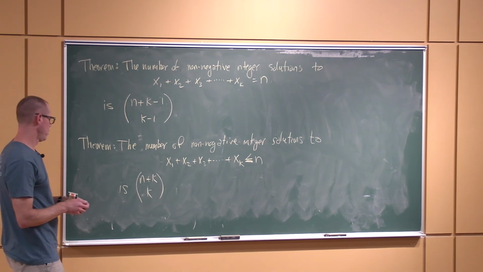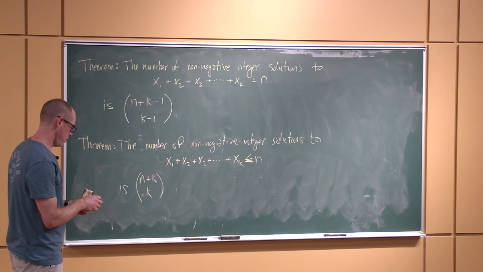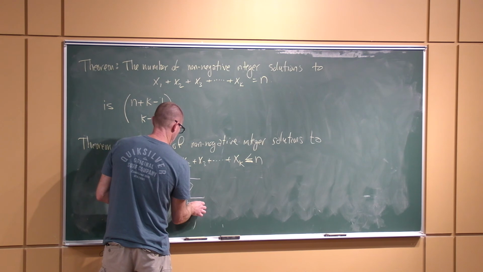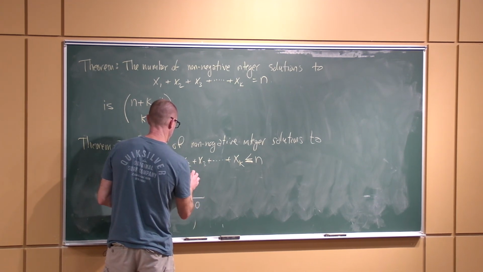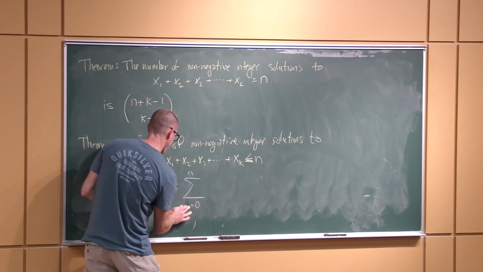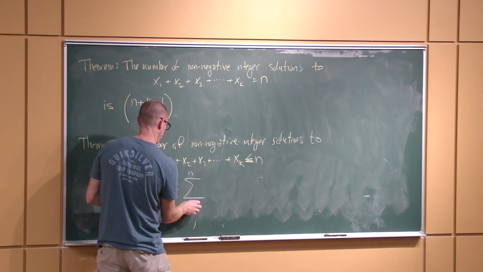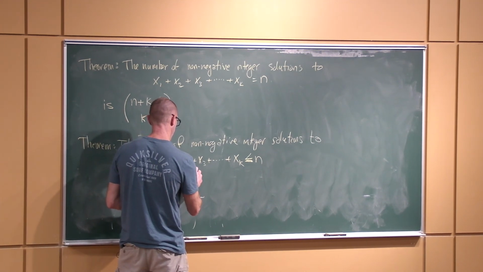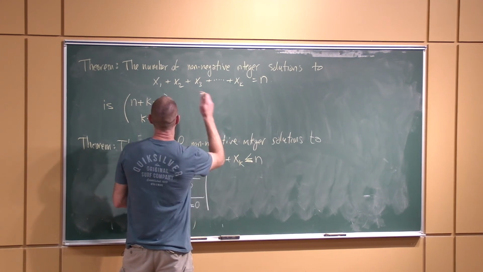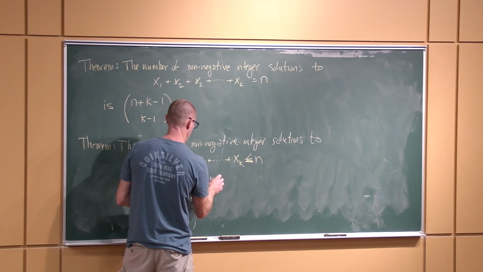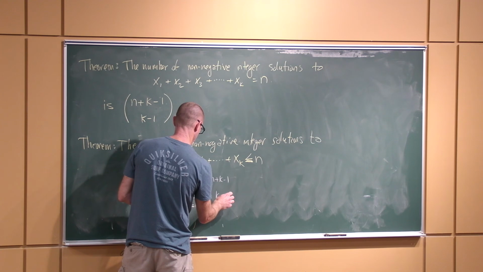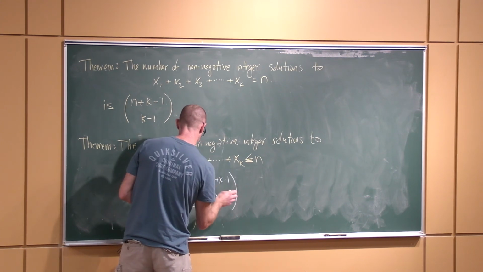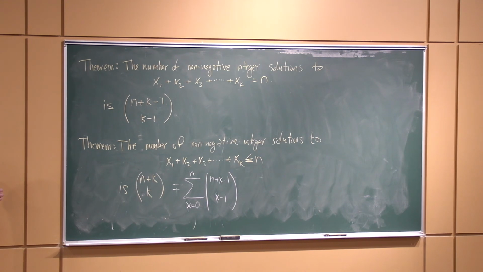And as a bonus, you get this identity, which is the sum for k equals 0 up to n, I don't know, let's say x up to n of this guy: n plus k minus 1, choose k, plus x minus 1, choose x minus 1. That these two things are equal.